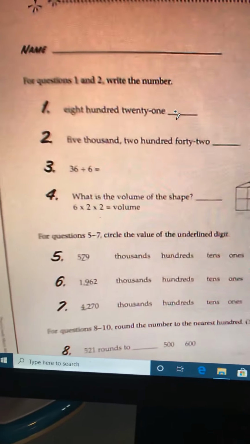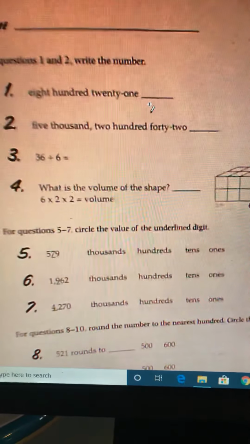On the back side, you're going to write number 1 and 2. They are numbers written in words, so you're going to write them in standard form, which again is the number form. Then you have a division problem. You have another one of those volume problems.